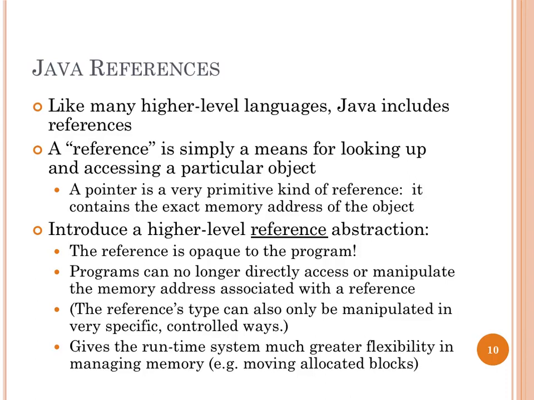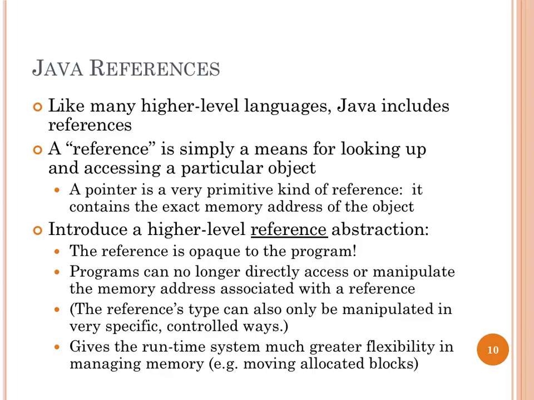So reference is opaque. Programs can no longer directly access or manipulate the address associated with a reference. Okay? And obviously, anybody who's done any significant amount of Java or Python programming, both of these languages have references. Okay? Maybe you can figure out how to take a reference and turn it into some kind of hexadecimal value and say, ooh, I wonder if that's a pointer. Yeah, well, you don't know. The runtime hides that from you.